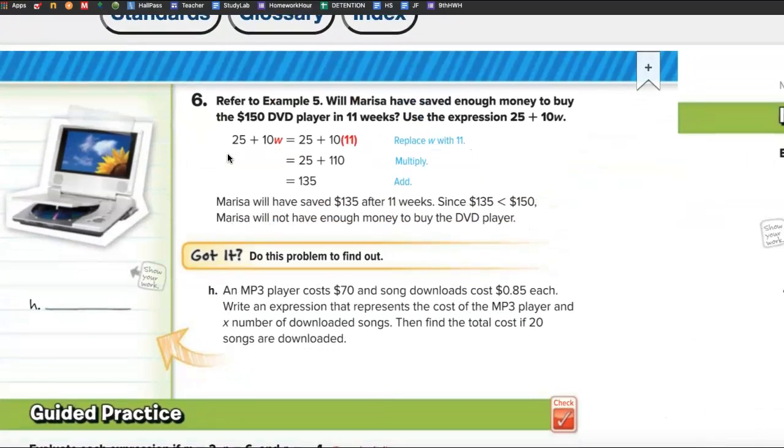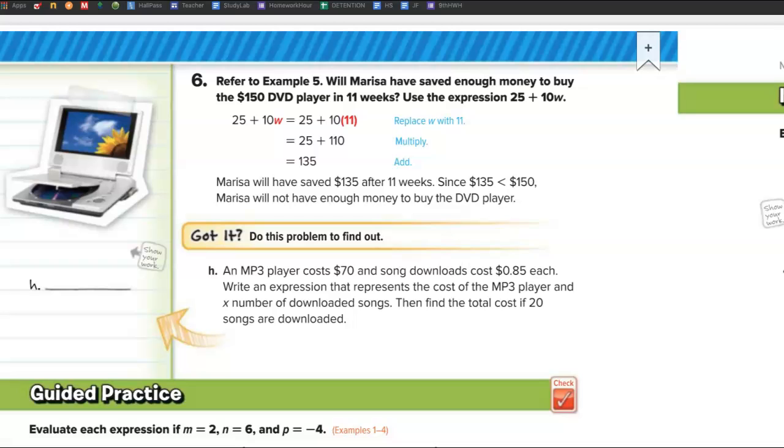The next question is using the same example, but she wants to know, will Marissa have enough money saved to buy the DVD player that costs $150 in 11 weeks?